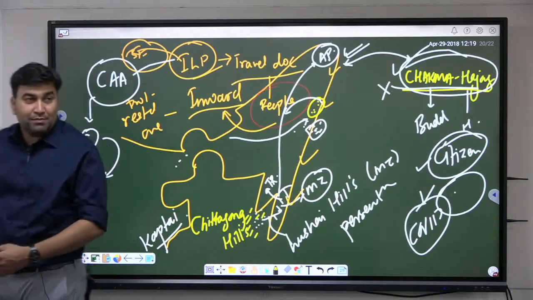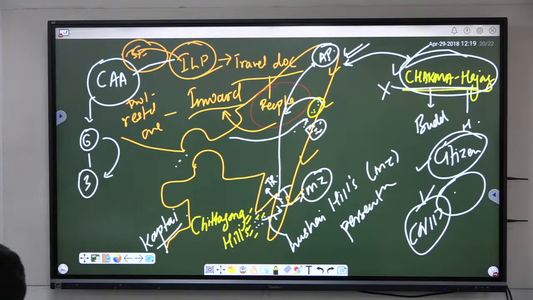Next is AFSPA, but before that, write this down. First you write inner line permit. Issues in Northeast India. First, inner line permit.